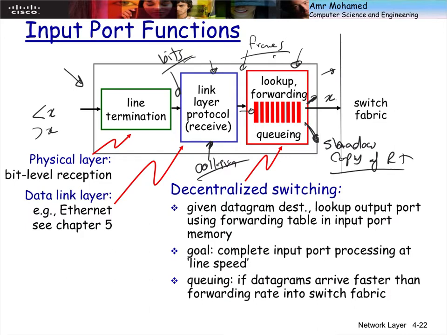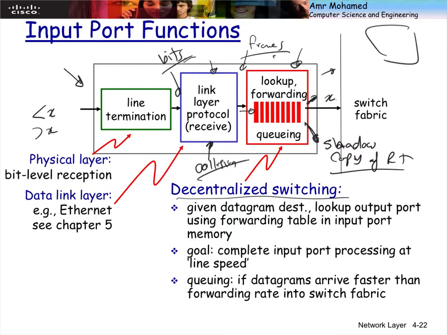So this is purely done in hardware, and that's why we call it decentralized switching. Decentralized switching means we keep the lookup process independent at each input port, because, as you know, the routing table has all the input ports and all the output ports, right? So ideally, I need to do the lookup at the routing table in a centralized location.